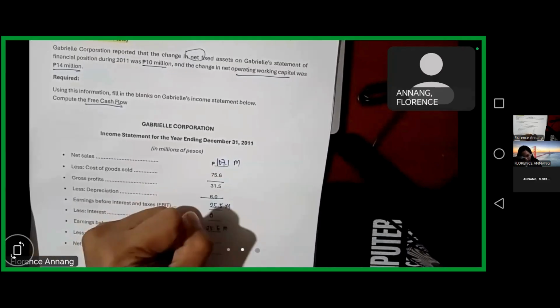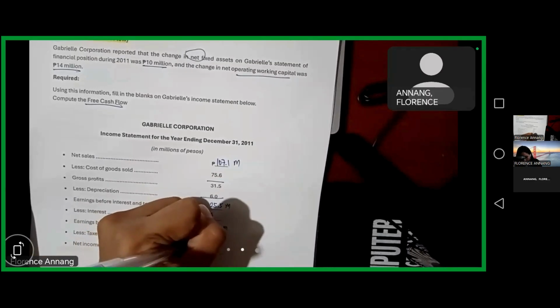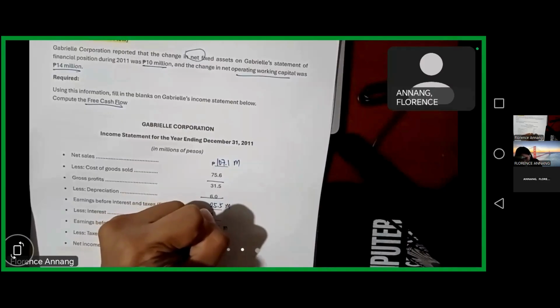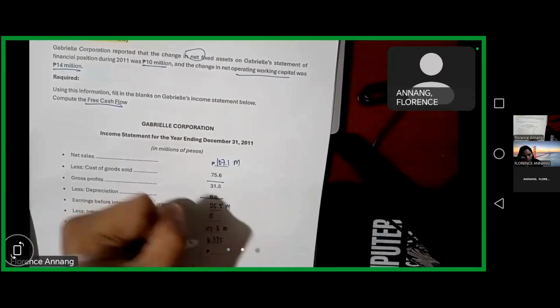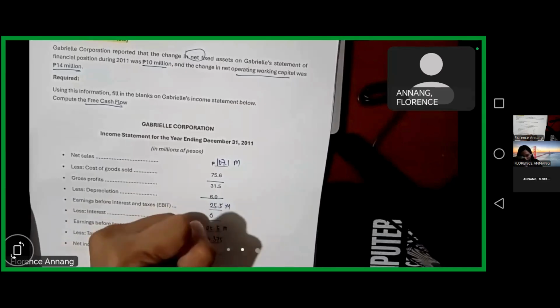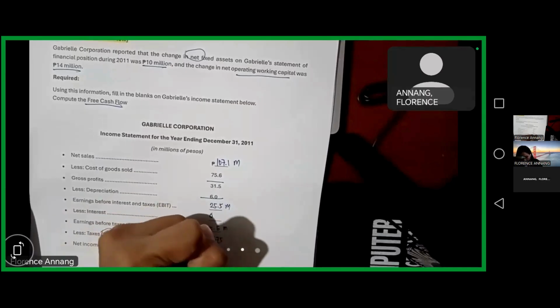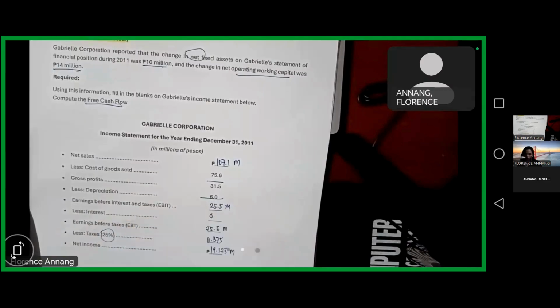And your tax is 25% of your EBT, that is 25.5 times 0.25 na tax rate, you get 6.375 million pesos. And your net income therefore is 25.5 less 6.375. You get 19.125 million pesos.